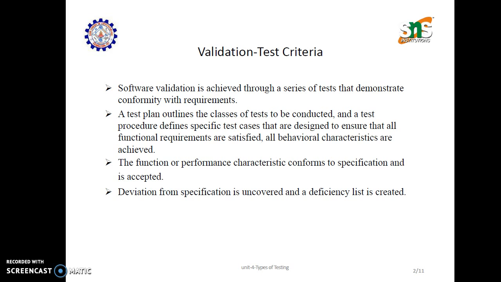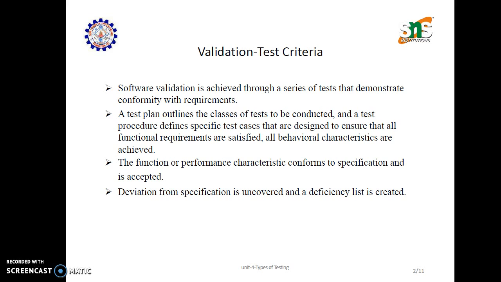So what is meant by validation test criteria? Software validation is achieved through a series of tests that demonstrate conformity with the requirements. You go through several tests to demonstrate the requirements of the software. So we have to plan the tests accordingly.